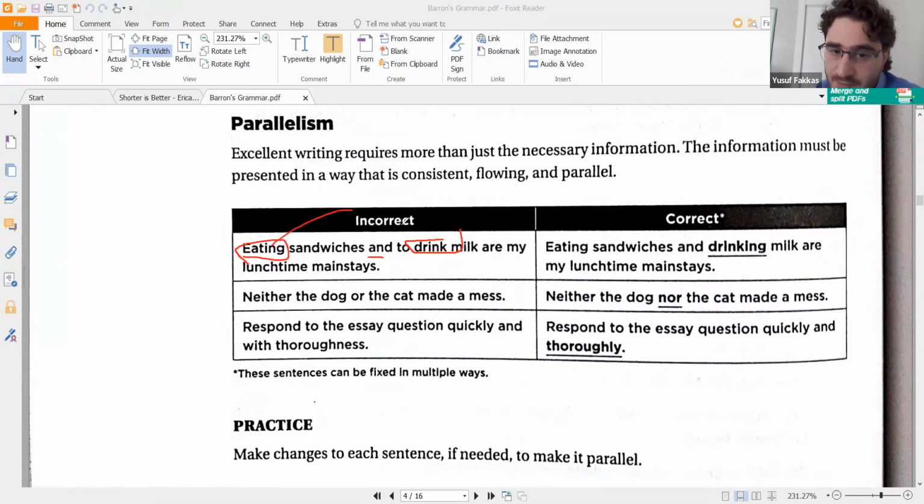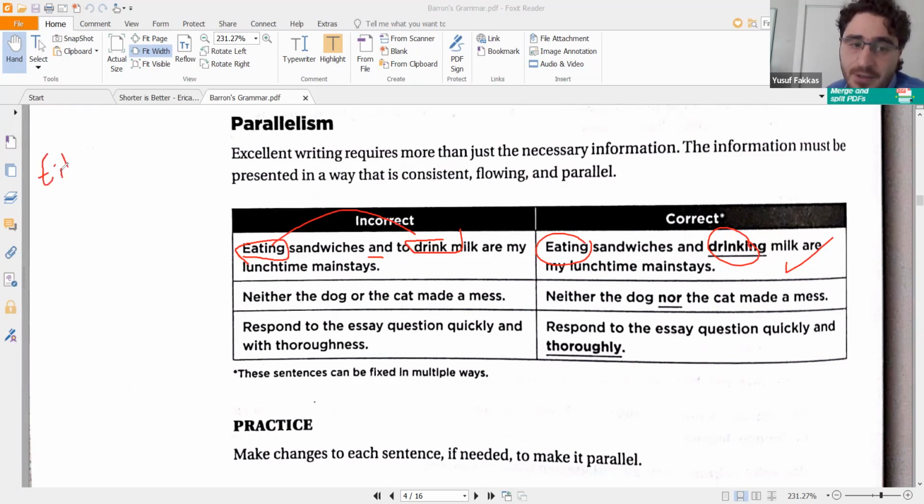You have two verbs. One of them is gerund, eating, and the other one is infinitive, to drink. And that doesn't work. So both, for example, must be gerund. Eating sandwiches and drinking milk are my lunchtime mainstays. That's parallel.